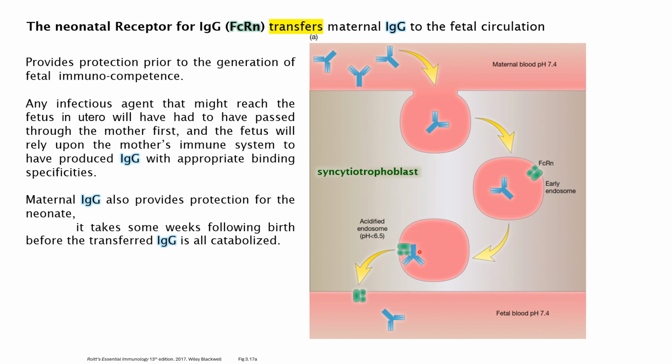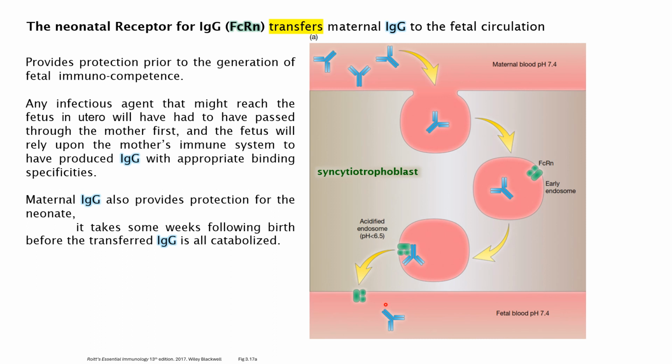And this is important for separating antibodies and collecting them on this membrane surface and separating them from other components which will get directed to the lysosome for destruction. The acidified endosome, with its neonatal receptor carrying the IgG, then fuses with the fetal side of the syncytial trophoblast, allowing diffusion of the antibody into the fetal bloodstream.